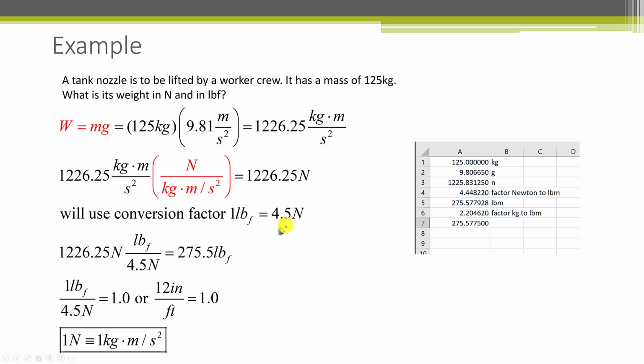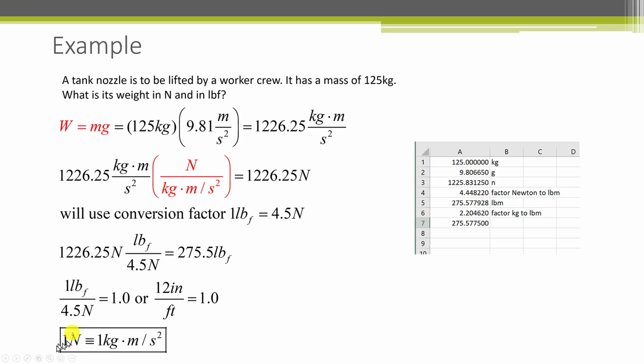If I bring the pound force here in the bottom, then I have the conversion factor of 1 that I need, and I can cross out the newtons here, and I end up with 275.51 pounds. So 1 pound per 4.5 newtons is 1.0. As I said, it's the same idea as 12 inches per foot is 1.0. It doesn't change the value of the measurement, the actual physical measurement.